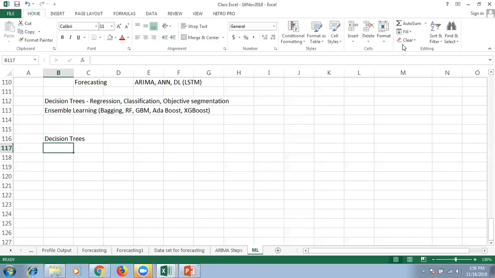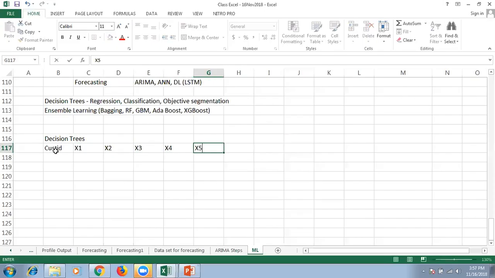So the decision tree comes in the shape of a tree, where the decision will be taken at each node level. Let me explain that. For example, I have some customer data: customer ID, X1, X2, X3, X4, X5.